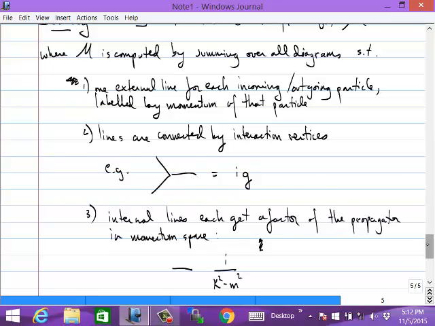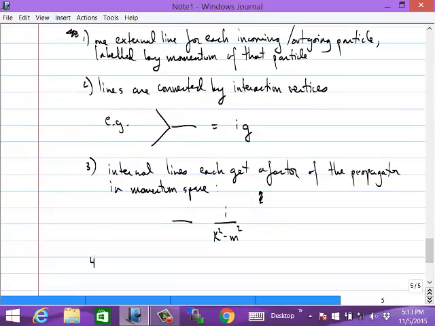External lines get no propagators. That actually makes the computation of Feynman diagrams in momentum space much simpler than in position space, because there are, generally speaking, a lot fewer propagators that you need to worry about.